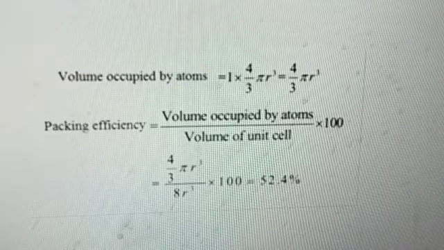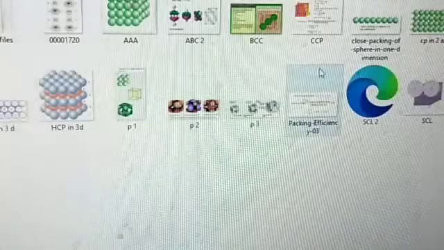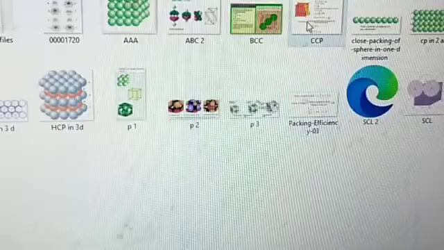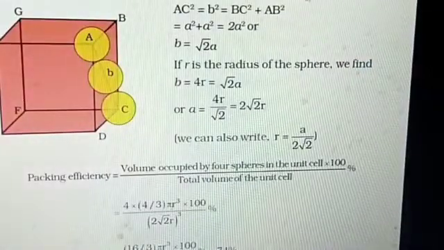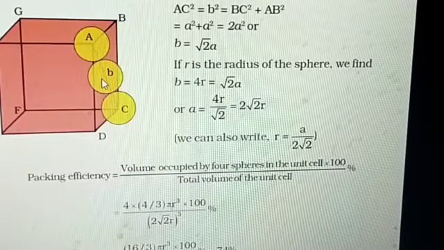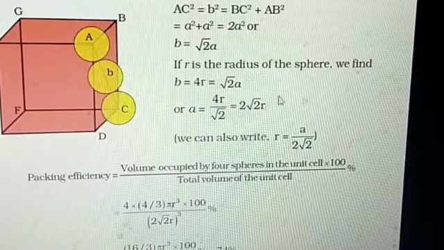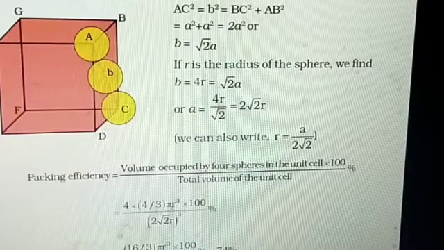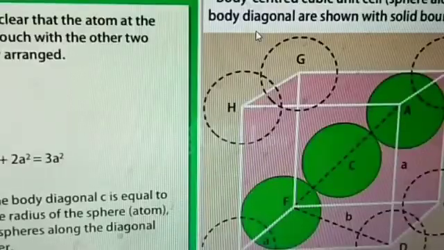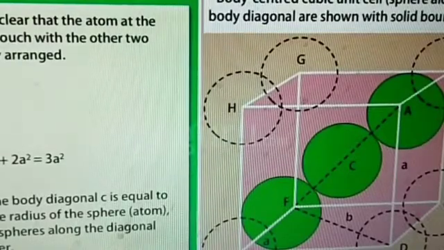Next, packing efficiency of body centered unit cell. If we take a body centered cubic unit cell, see this is a body centered cubic unit cell. Yes, body centered cubic unit cell.